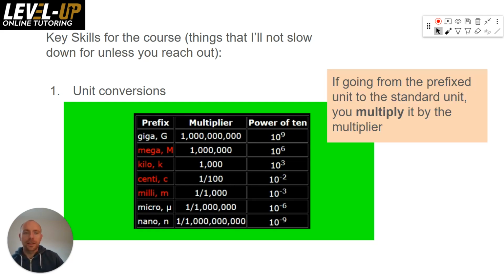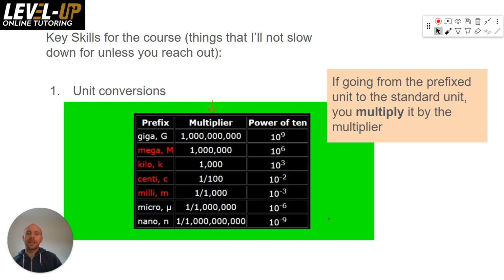So if you are going from a prefixed unit to a standard unit, you are going to multiply it by this multiplier. I will look at some examples in a second, but if you have a prefixed number like a kilometer and you want to turn it into meters, then you are going to multiply it by the multiplier. Here is the multiplier. You need to know what these multipliers are for these prefixes.